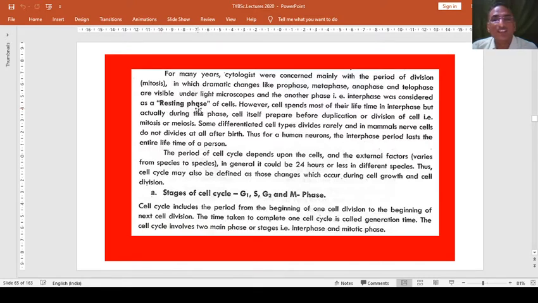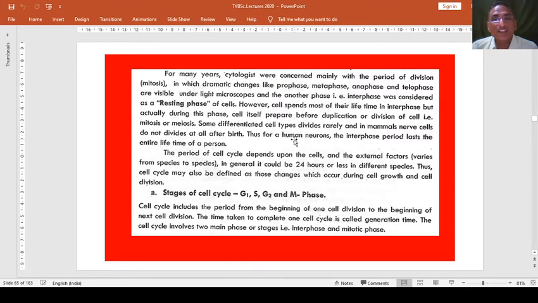However, cells spend most of their lifetime in interphase, and actually during this phase the cell prepares itself before duplication or division. So the next division starts in this period; we can call it a preparatory phase for mitosis or meiosis.